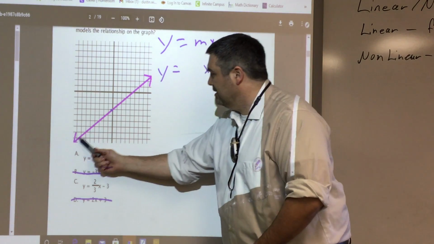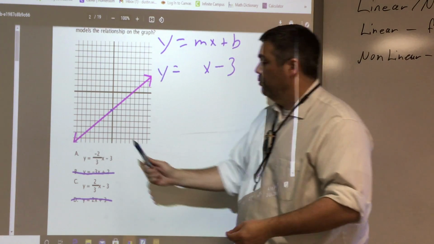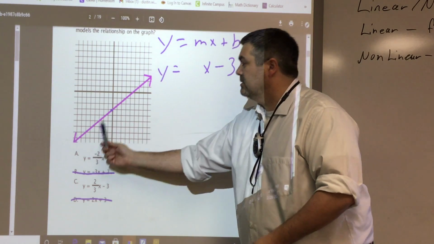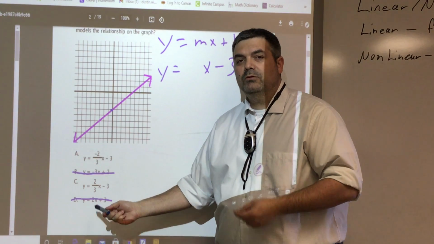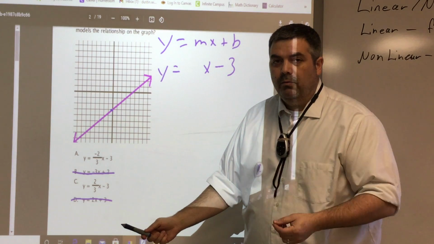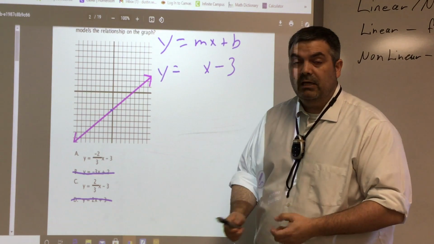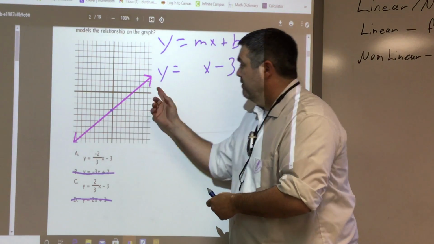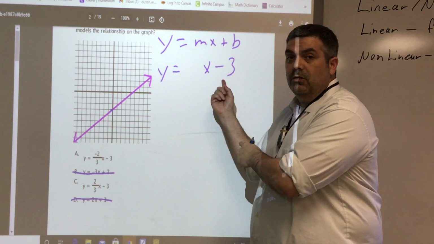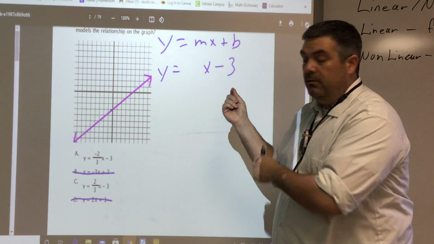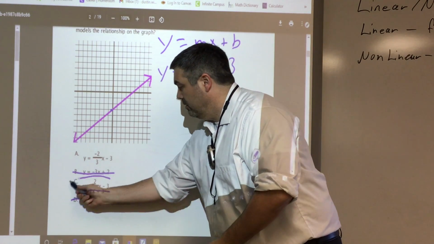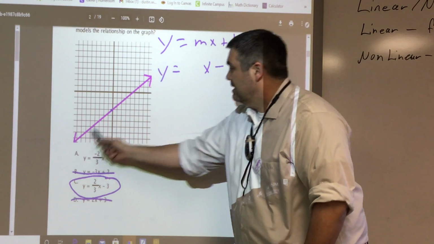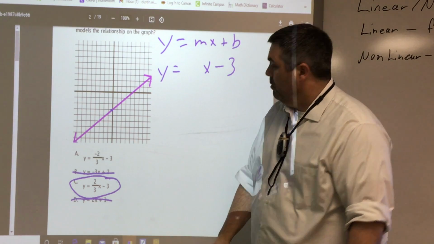If you know that this is a positive slope, that when you read it left to right it's going up, I don't even have to use my slope formula to determine what it is. So this is what they're trying to get you to recognize. Is it positive, is it negative, and do you know the slope or the y-intercept, okay? So this right here is my answer because that's a positive slope.